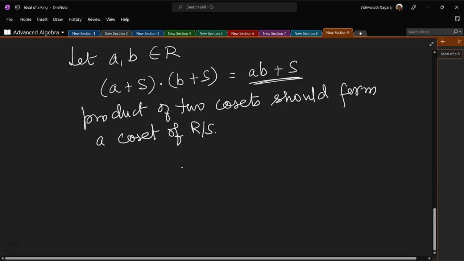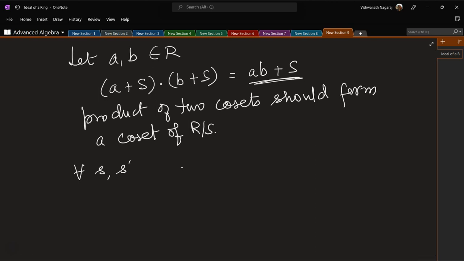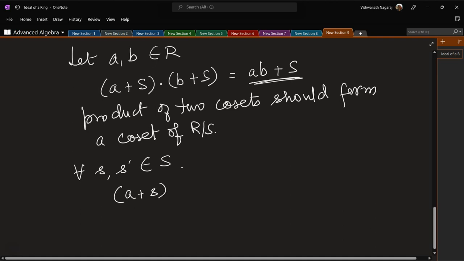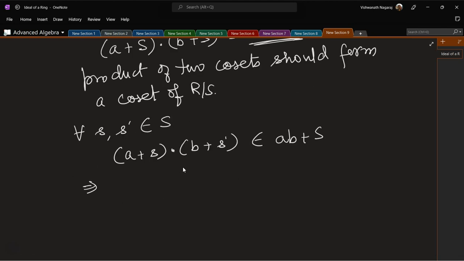So let's see. For all s prime belonging to S, a plus s times b plus s prime should belong to ab plus S, which implies, now let's open up this.